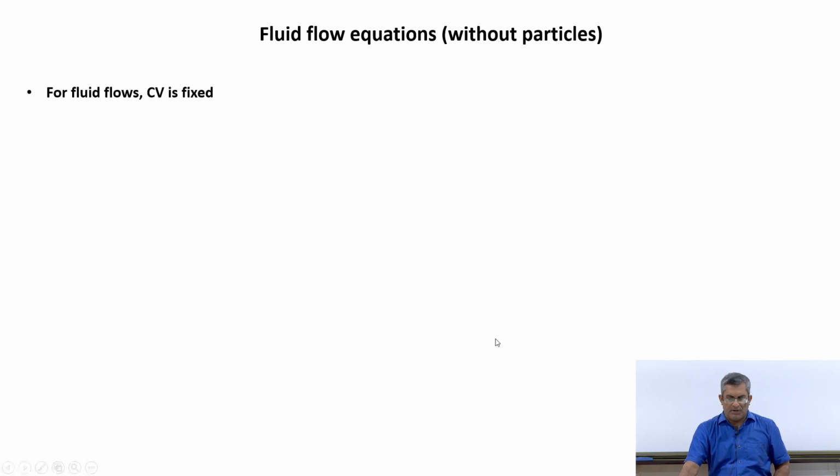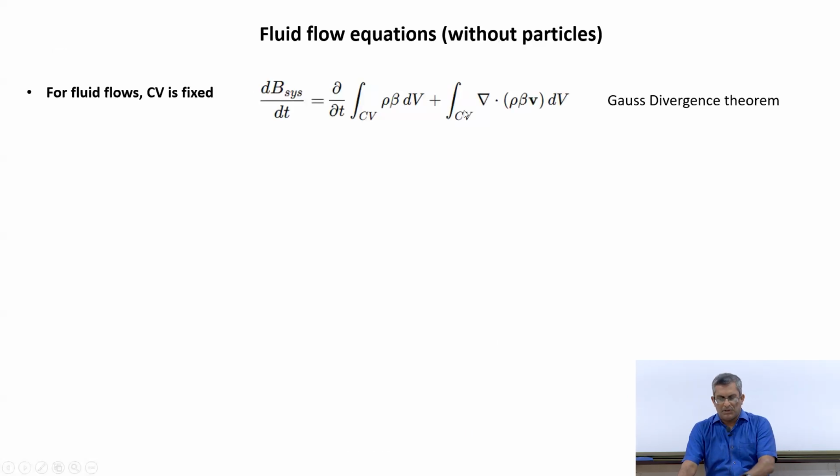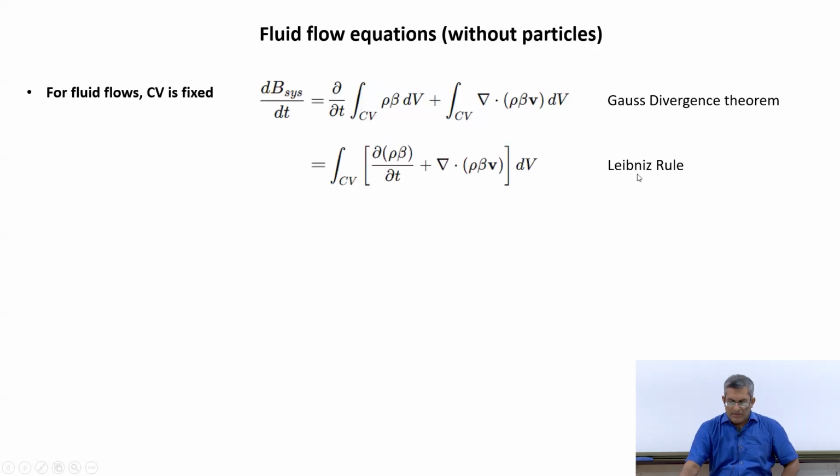And then we use the Leibniz rule to bring this partial derivative inside. So now we have this expression for the rate of change of property in your system, which is expressed in terms of this volume integral only.